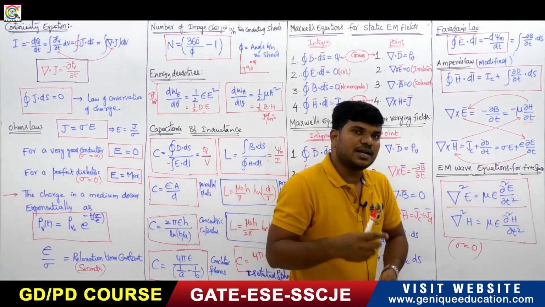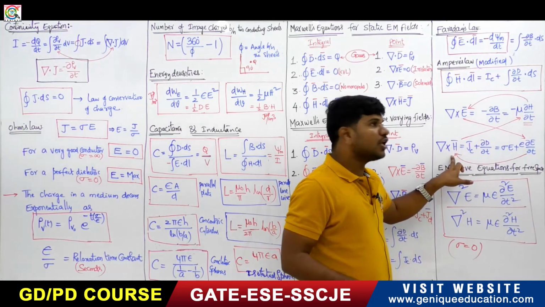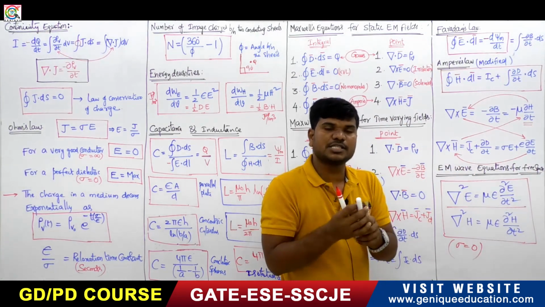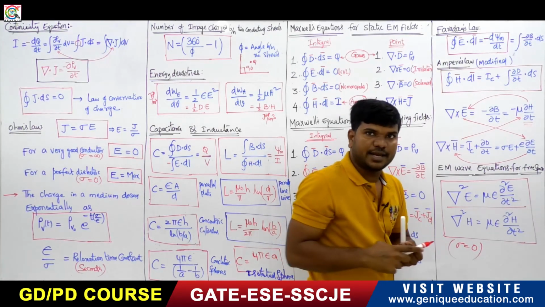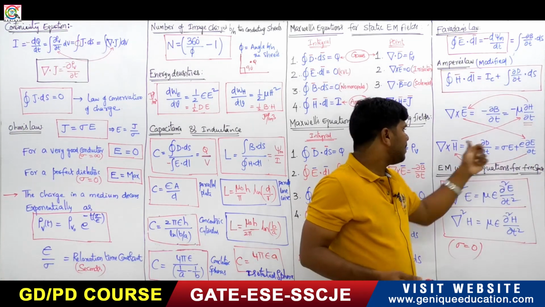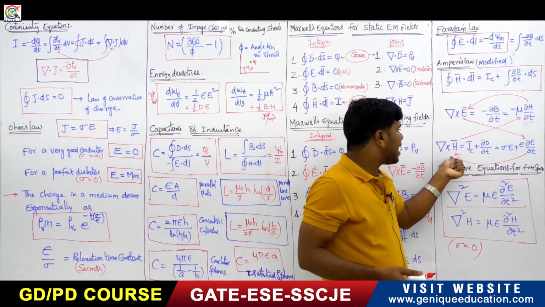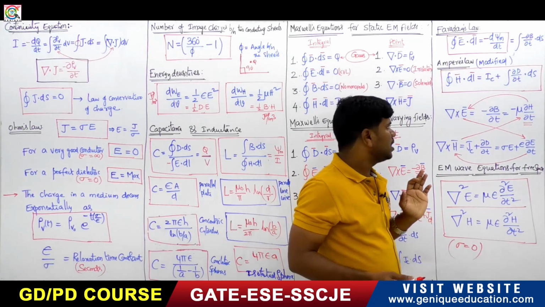So what's happening here? Every time we change the electric field, we get the orthogonal magnetic field. Orthogonal means perpendicular to the field you have taken. Suppose you take the electric field, it produces a magnetic field, but this produced magnetic field will be orthogonal to the electric field.